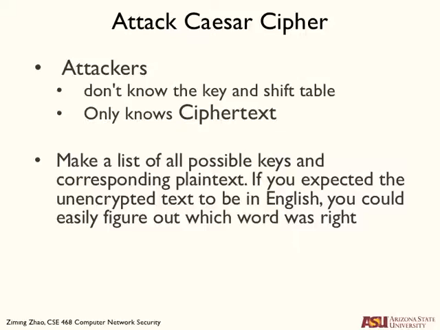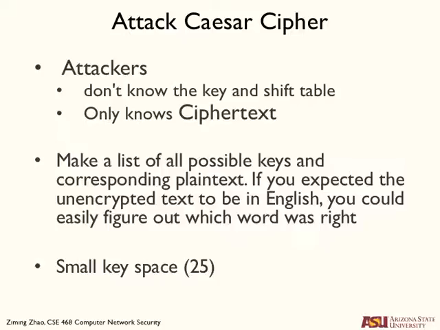There are just 25 of them anyway. And he tries to decrypt it with each key. Then he will get 25 corresponding plain texts. And he will just read all those plain texts, to see if there is any string that is recognizable, really English. If there is, then he has successfully decrypted it.